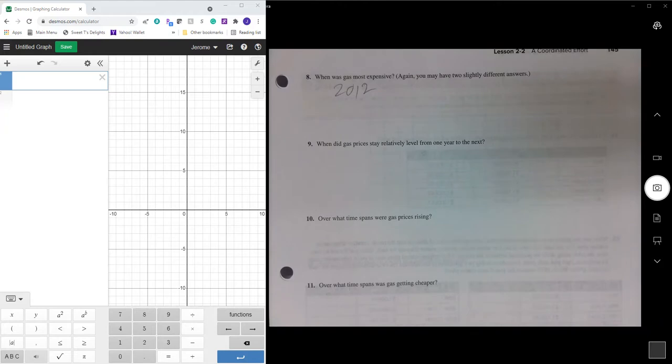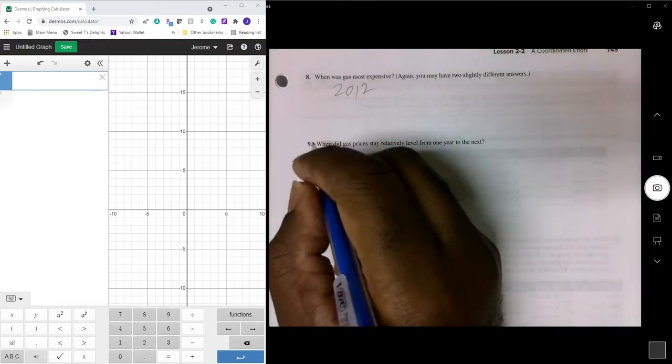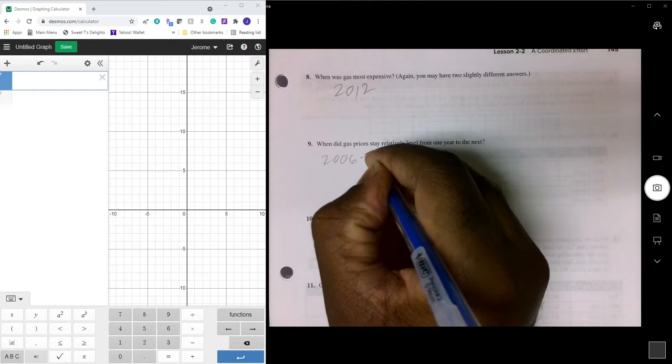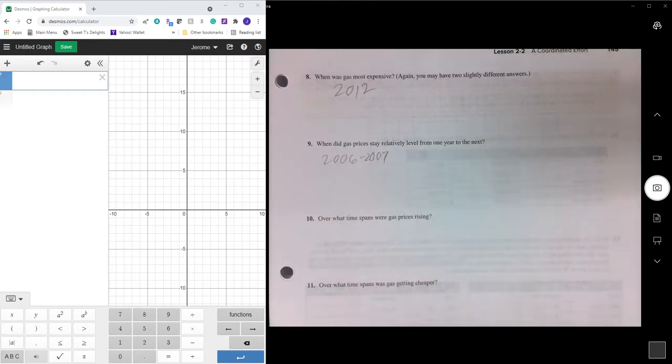Okay, number 9, when did gas prices stay relatively level from one year to the next? Okay, so basically relatively level would be like 2006 to 2007. There's only a 5 cents difference there.